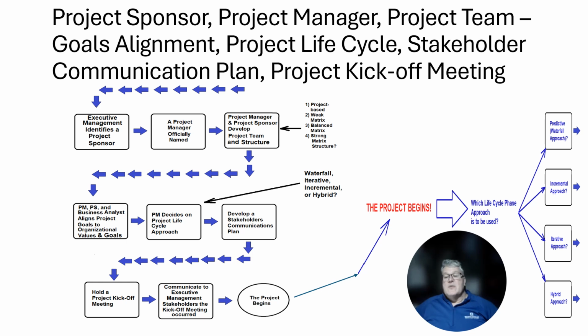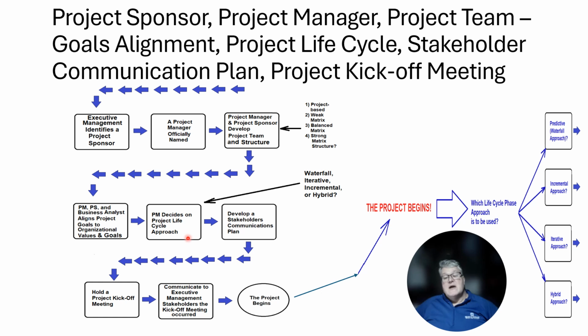Afterwards, the next step in the project process is that the project manager, the project sponsor, and the business analyst make sure that the project goals, outcomes, and values all align. So they're going to consider all those documents, and the point person with this would be the project sponsor, to relay all that information to the project manager and project management team.